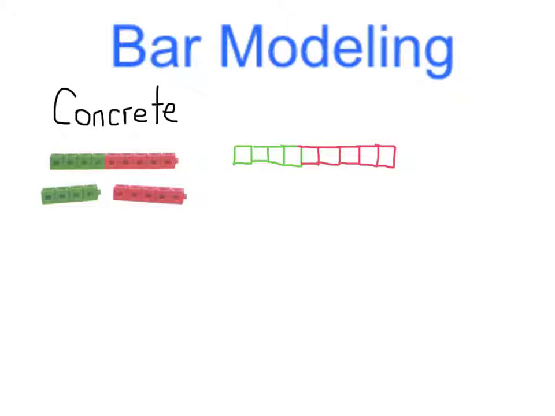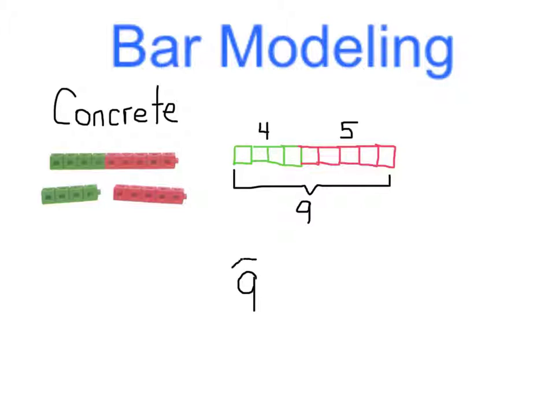We are now looking for what this total would be. We can label 4 and 5 on either side. With the sum, we can count 1, 2, 3, 4, 5, 6, 7, 8, 9. So we can label the sum to be 9.